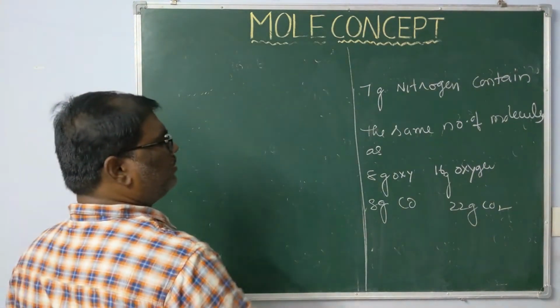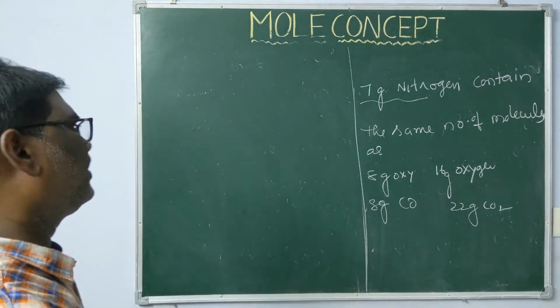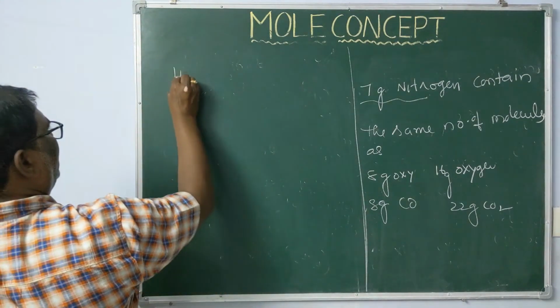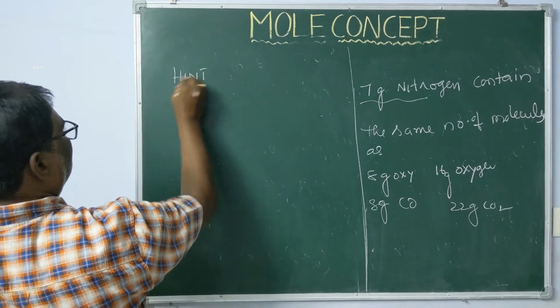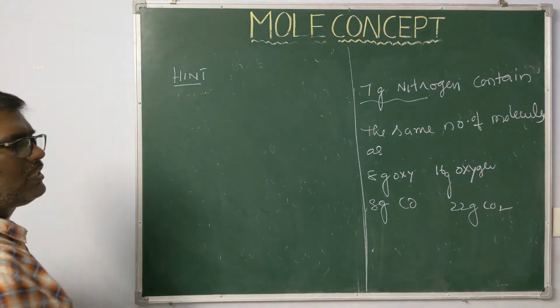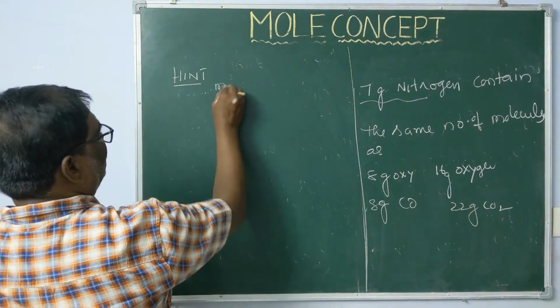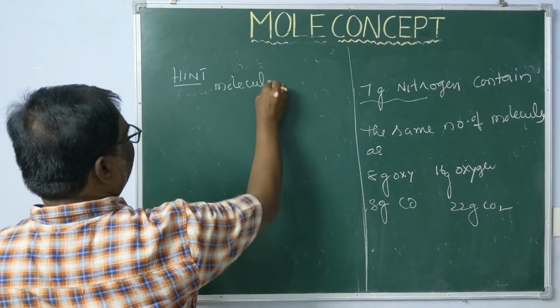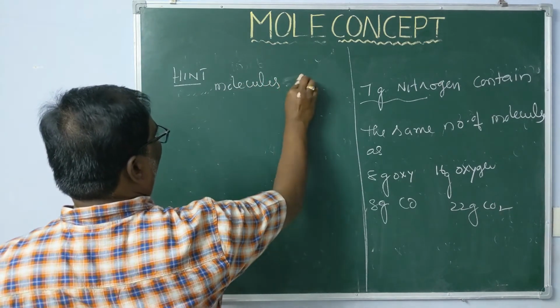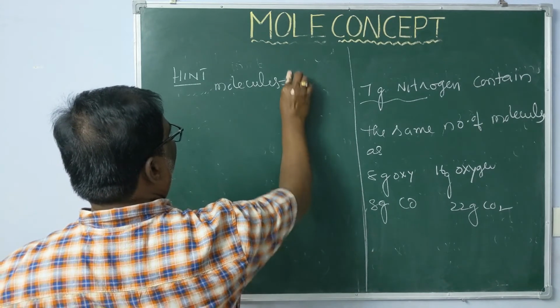First of all, what is the data given? 7 grams of nitrogen. The hint you have to follow is, whenever substances have the same number of moles, then molecules are also the same, or molecules are taken as number of moles into Avogadro number.